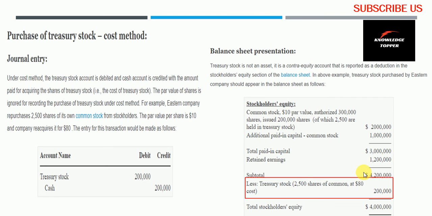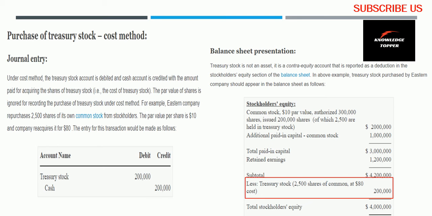Then you subtotal it. It is $42 lakh, and at the end you deduct the treasury stock transaction that we prepared. It is $2 lakh, so that gives your total stockholders equity. That's how you can prepare the balance sheet presentation.